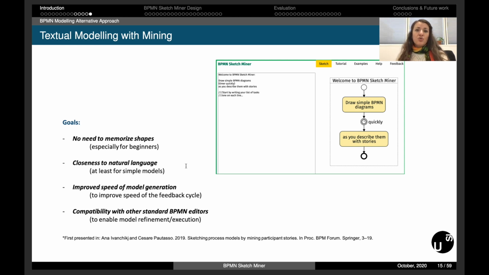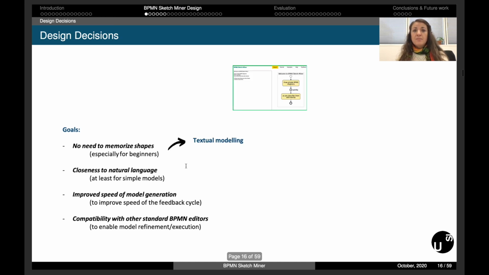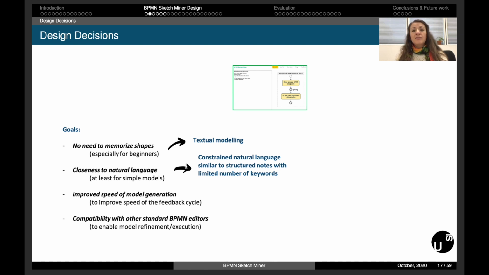Now, having such goals, of course, resulted with constraints in the design of the tool to support the new approach. So in order to avoid the need to memorize shapes, we have decided to use textual modeling by using a constrained language, which is similar to structured notes taking, with a very limited number of keywords to use.